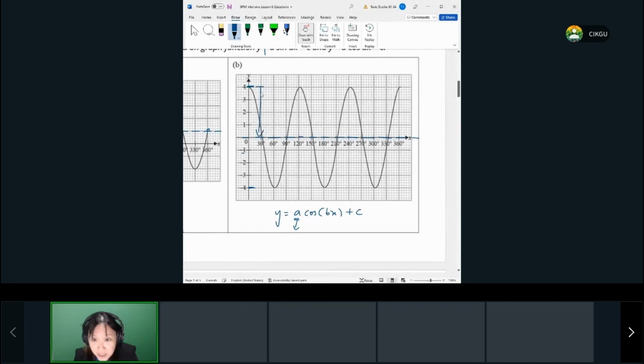The amplitude A is 4, from the maximum to the middle. Agree. Let me just straight away erase this. 4. B is the number of cycles within 360. 1 until here, 2 until here, 3 until here. Nice. 3. Done.